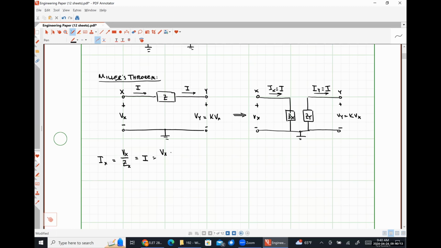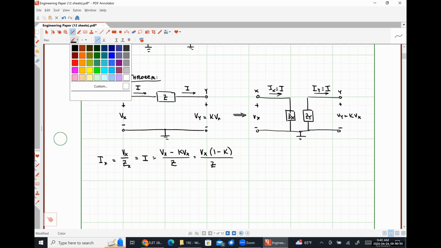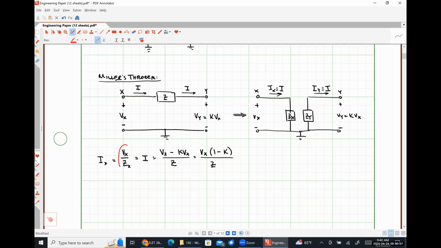And Vy is simply K times Vx. So I'm just going to substitute that in directly. And so I could say that this looks like Vx times 1 minus K divided by Z. So I have this relationship and this relationship that have to be equal to each other.